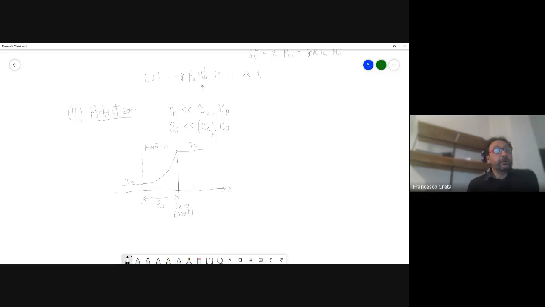You see that now there's no jump. There's a continuous function of temperature. The function is not continuous in terms of the derivative. You see here there's essentially a jump in the derivative, but the actual temperature function is going to be continuous.